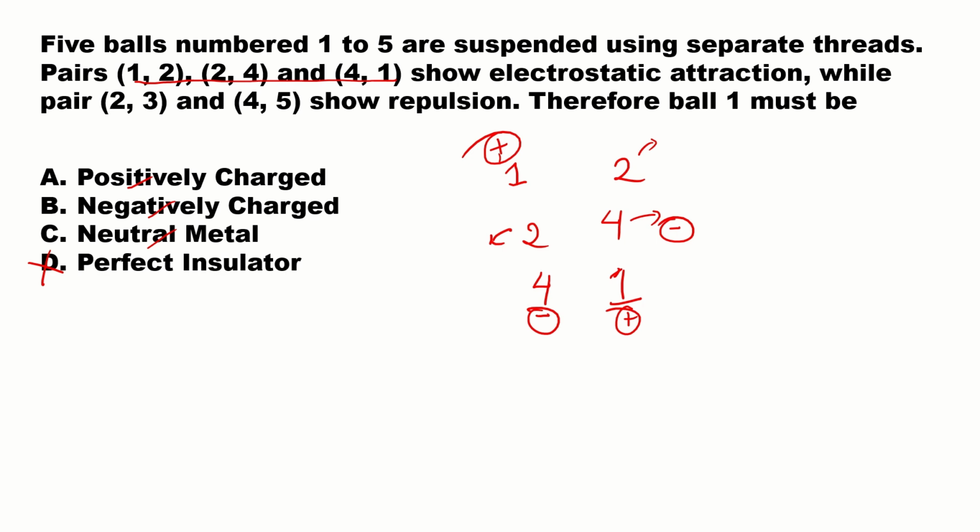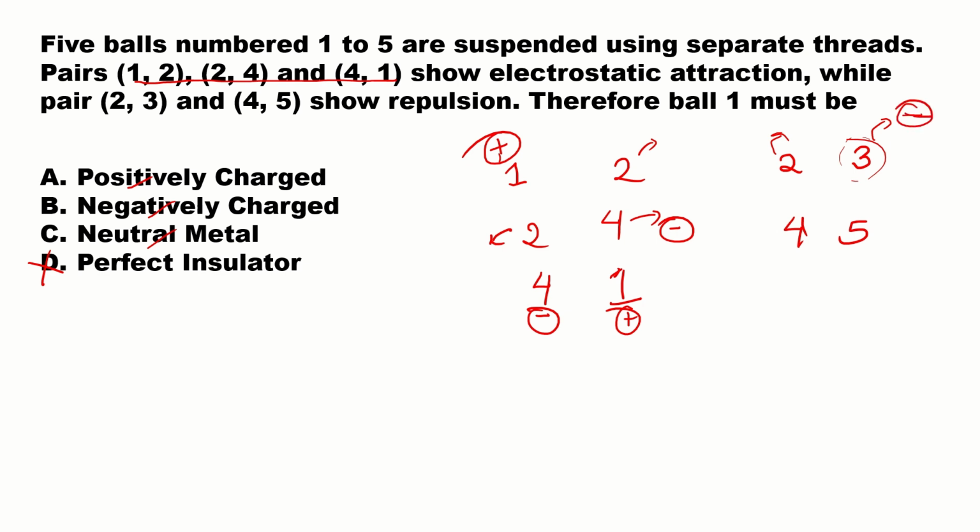And then we have 2, 3 and 4, 5 show repulsion. Now we assumed 2 to be neutral. However, 2 cannot be neutral because it shows repulsion with 3, whichever charge it may be.